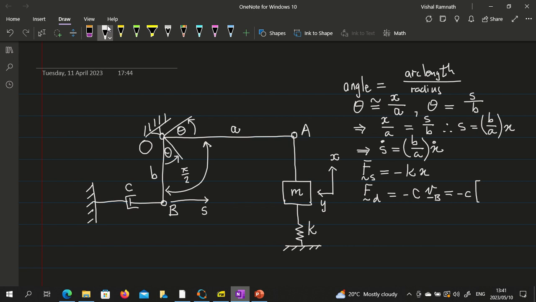Now, here's the trick. This is your point A. This is the point B. If point A is moved upwards by x, that's a positive direction. So this would go in that direction. It would rotate. Now, if this rotates, this would then also rotate as well.